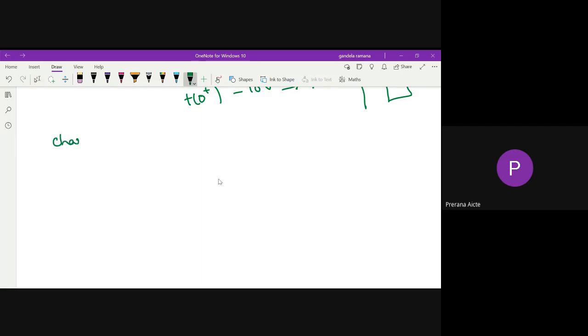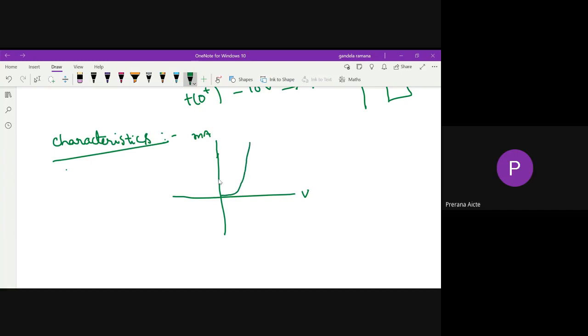Next one is characteristics. When the voltage is greater than the built-in potential, only then the current starts to increase. This is the voltage, and this is the current in milliamperes. It is 0.7 volts for silicon; after that the current starts.